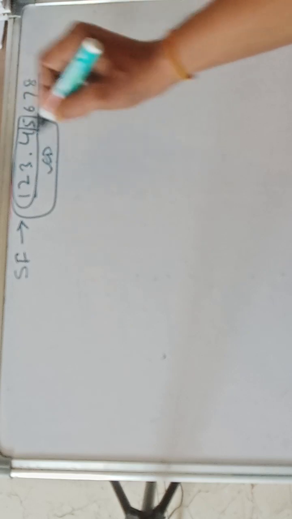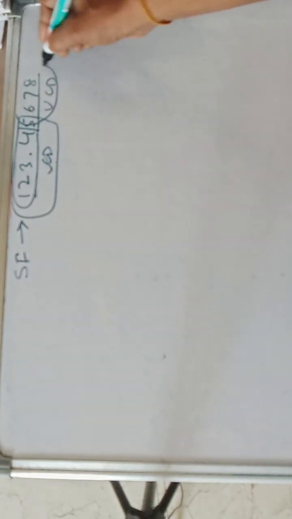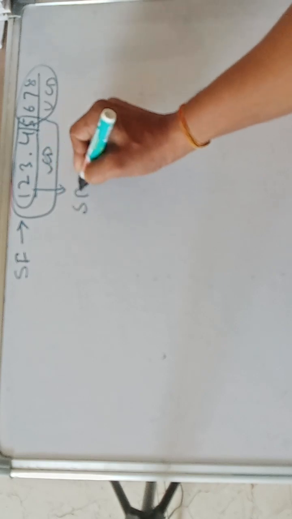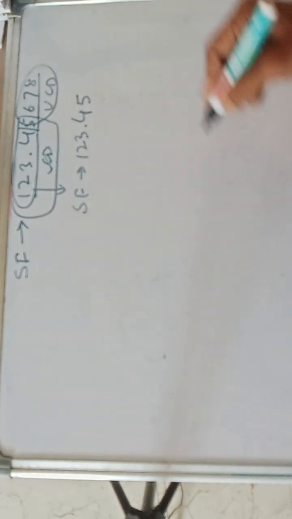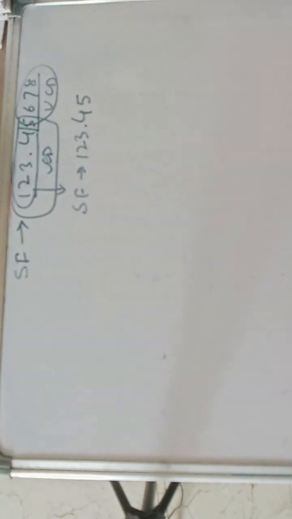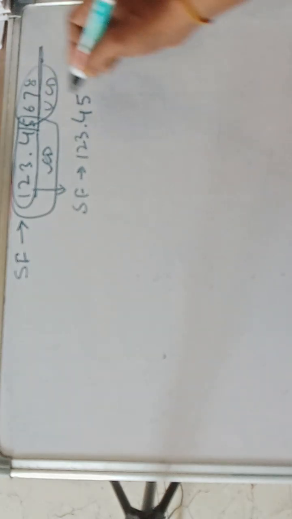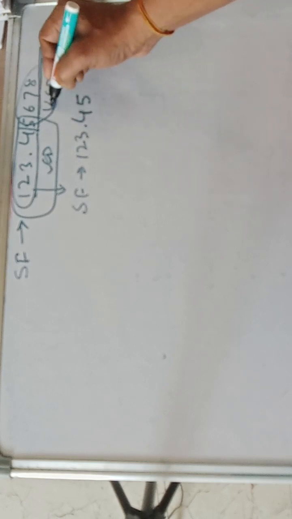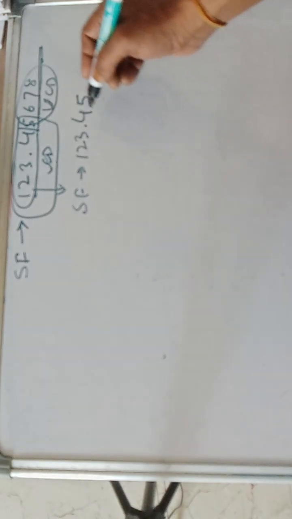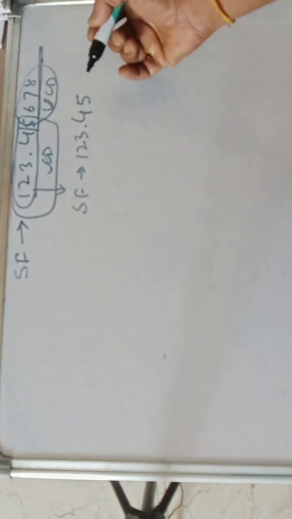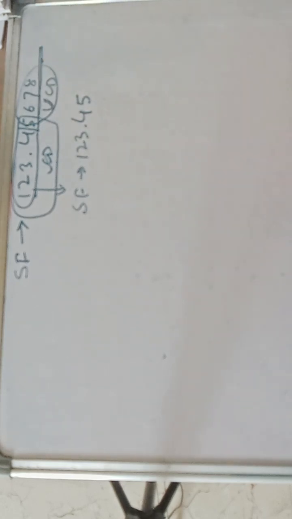If this is a certain digit and this is an uncertain digit, the significant figures become 1, 2, 3, 4 and 5. Now what happened? We have a number of uncertain digits after that, which we just ignored. But to have a more accurate significant figure, what we have done, we have rounded off the last significant digit.